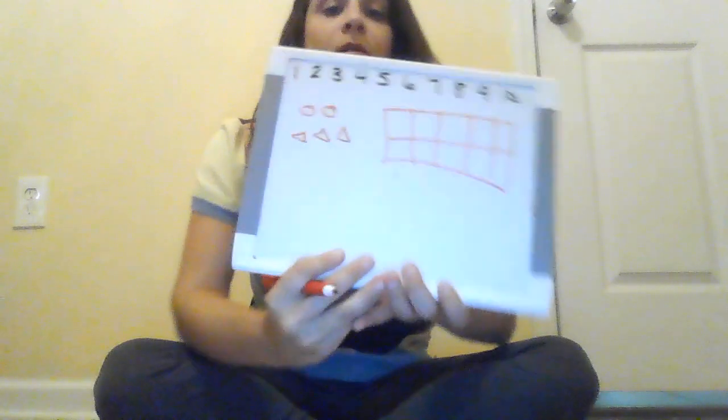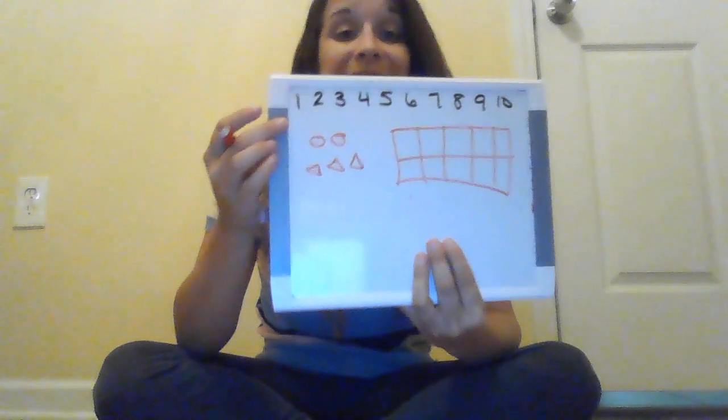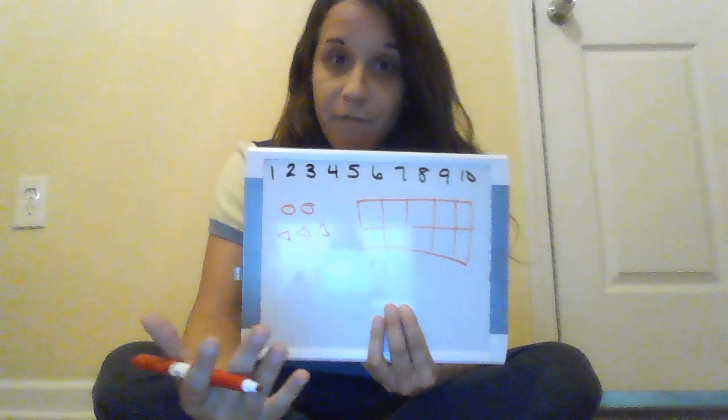Next, I might want to do this in a tens frame. So let me show you how we would work a tens frame. So I can use my same shapes in my tens frame to help me figure it out.